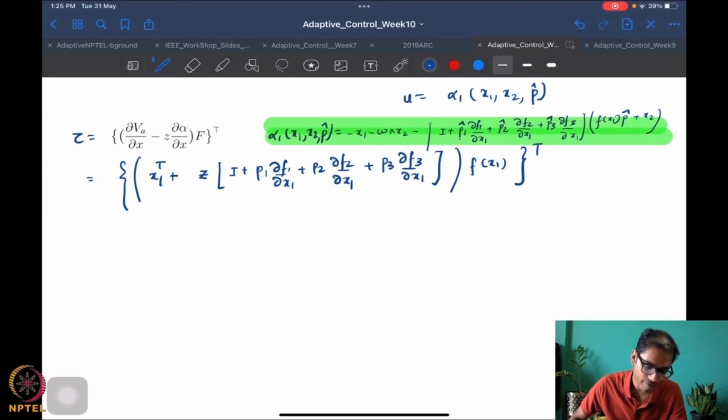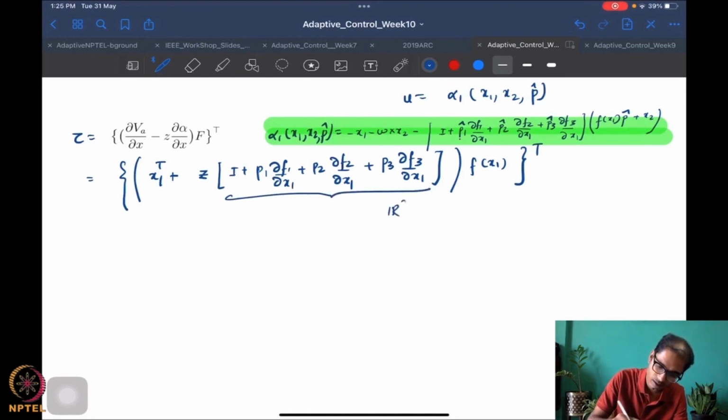So this is 3 by 3. I think this should be a z transpose.